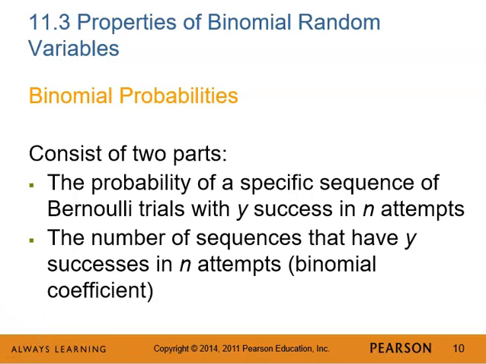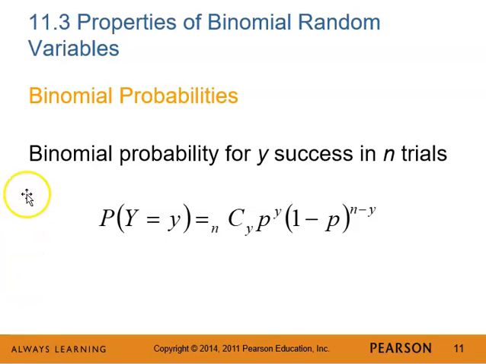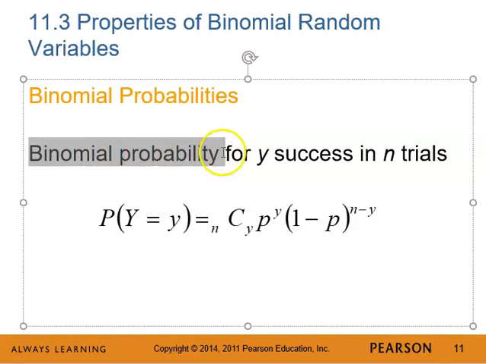And as a result, we're going to have this formula. The formula for the binomial distribution of a random variable is the binomial probability for Y successes in n trials. If you want to calculate the binomial probability for Y successes in n trials, you use this formula.